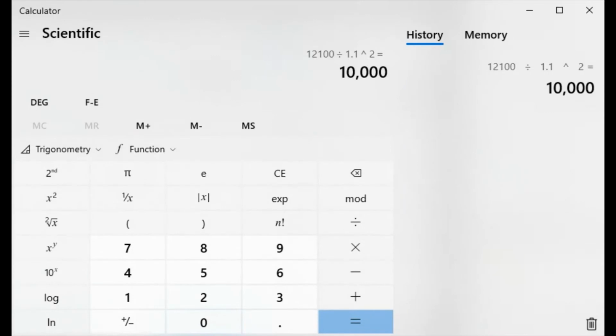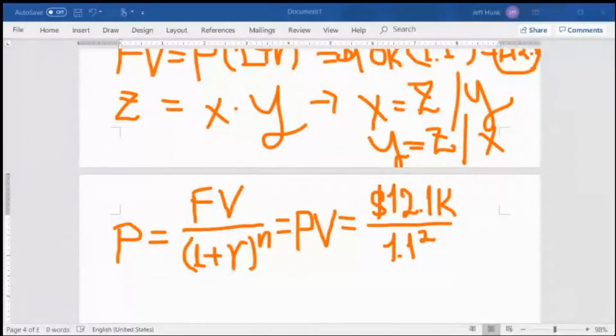Alrighty, that's what you see now, and we know it gives you 10K exactly.